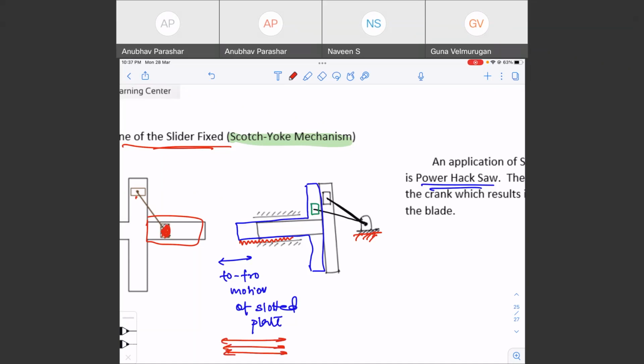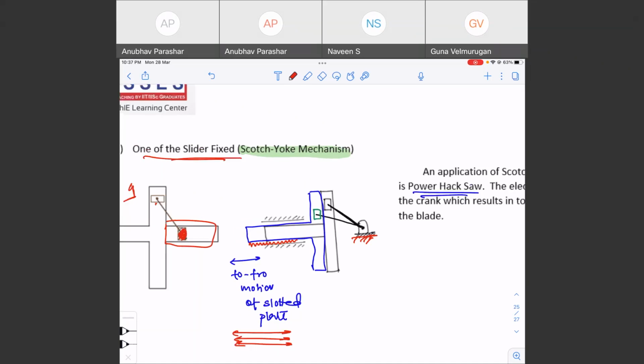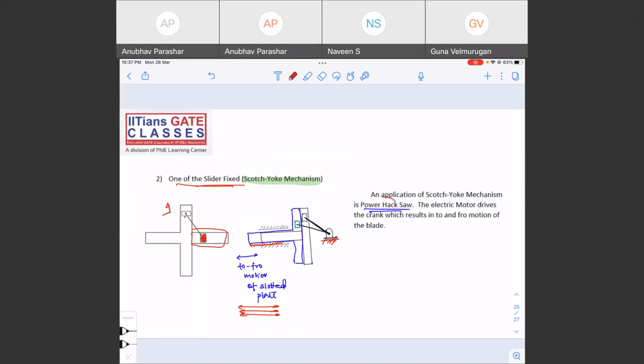It will move forward, come backward, move forward, come backward. If you attach a cutter there, it will act as a power hacksaw.